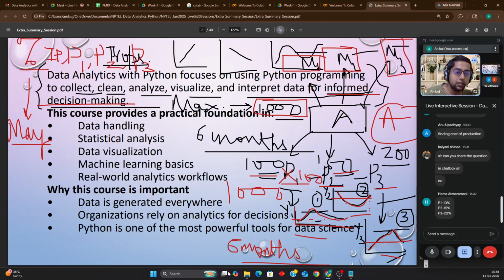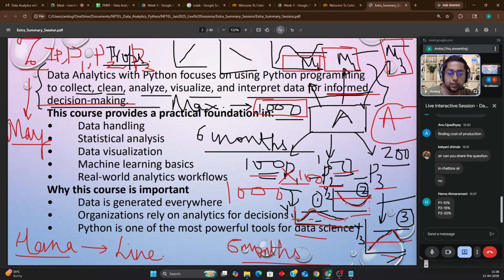If I am correct, 100 products of P1 were sold, 150 products of P2 were sold in the previous month, and 200 products of P3 were sold. So Hema is assuming, there is one student Hema among us, that there will be a linear forecast or linear trend.